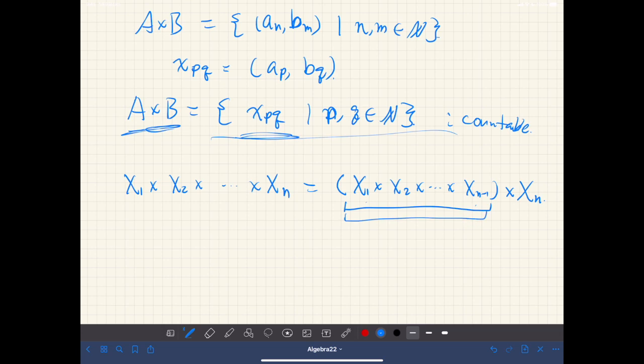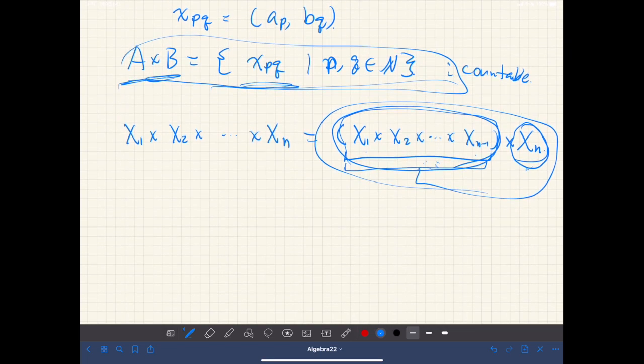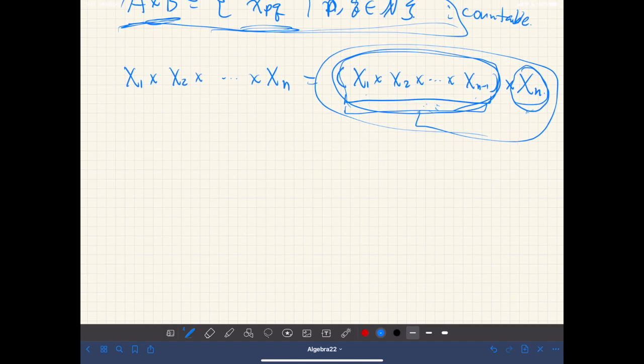And by the induction hypothesis, this Cartesian product is countable. And by assumption, this xn is countable. So this is a Cartesian product of two countable sets. Therefore, as we have seen before, the whole Cartesian product is countable. Okay, so that's the proof.